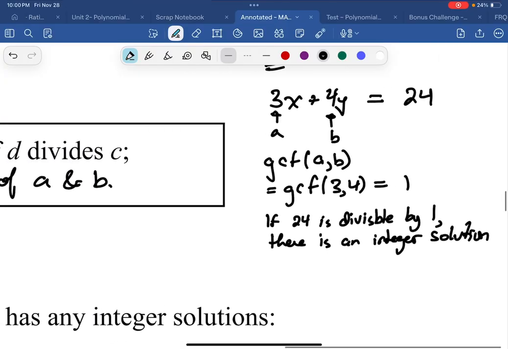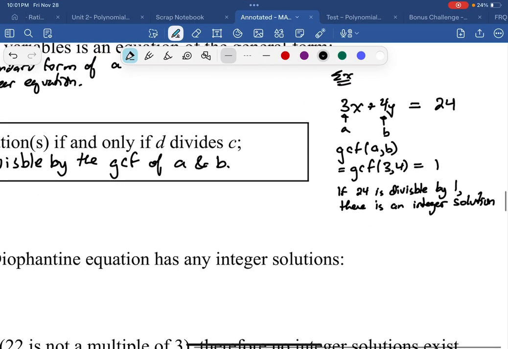So what I would do is make a table of values. Now the technique that you'll see in this text involves solving the equation for y in terms of x, which makes, in some cases, a pretty nasty fraction. What we could do instead is take our equation, 3x plus 4y.